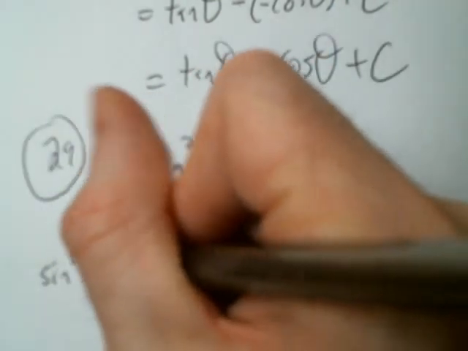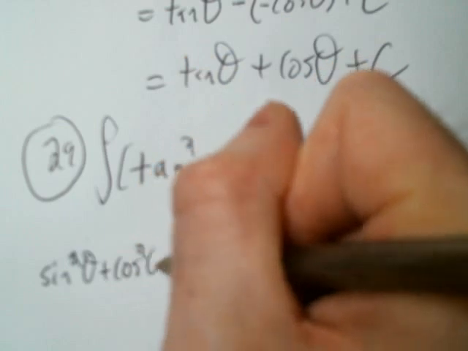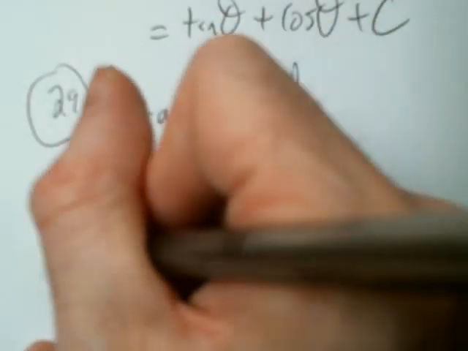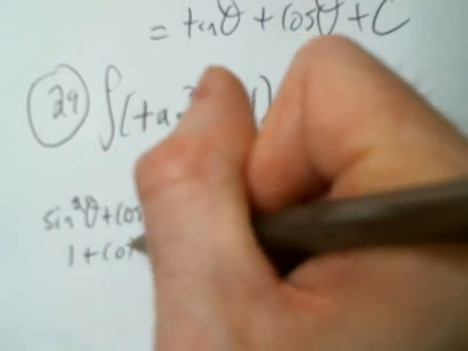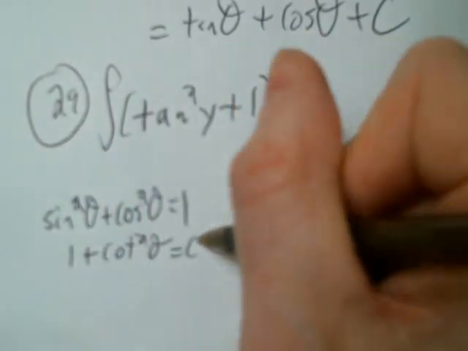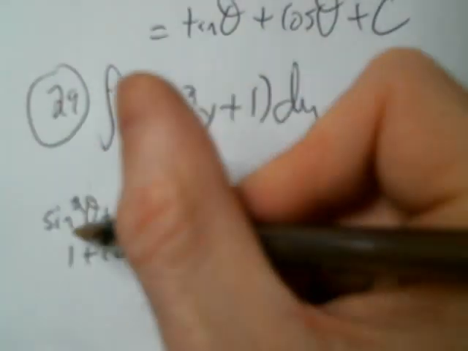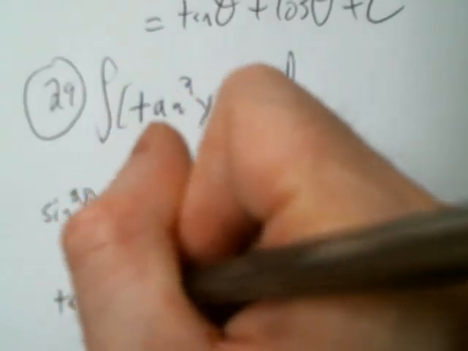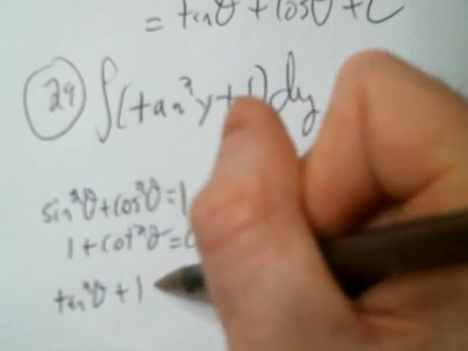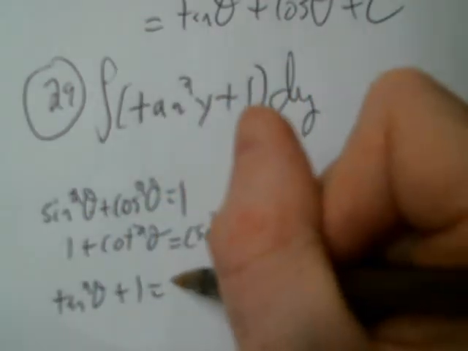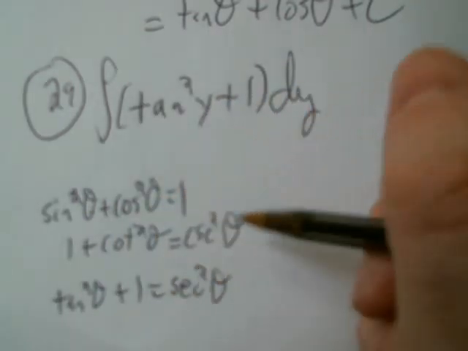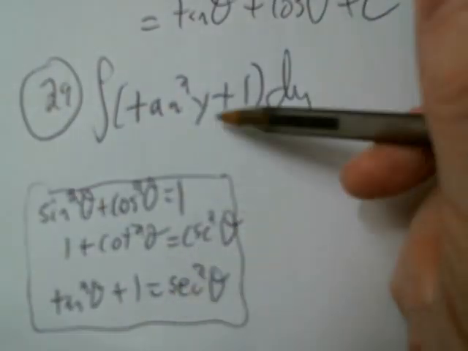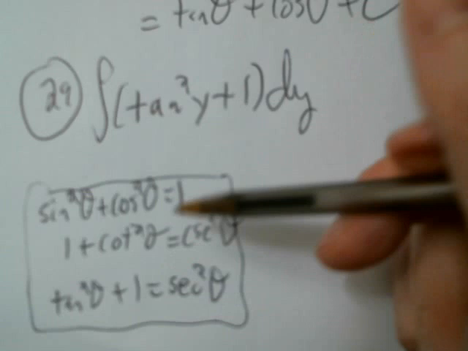Sine squared theta plus cosine squared theta equals 1. If you divide everything by sine squared, you get 1 plus cotangent squared theta equals cosecant squared theta. And if you divide the first equation by cosine squared, you get tan squared theta plus 1 equals secant squared theta.